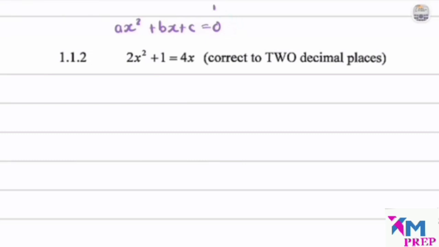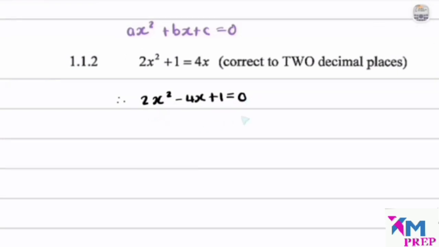One hand side of this equation is not equal to 0, so we're going to have to take the 4x over to make sure that this is in its standard form. So we're going to have 2x squared minus 4x plus 1 is equal to 0.